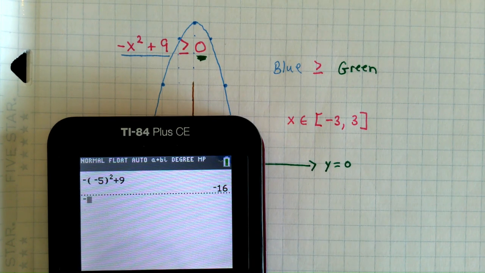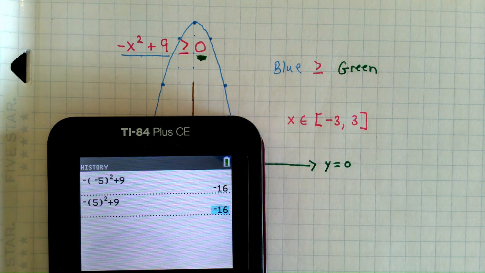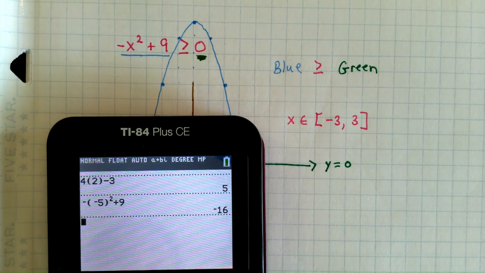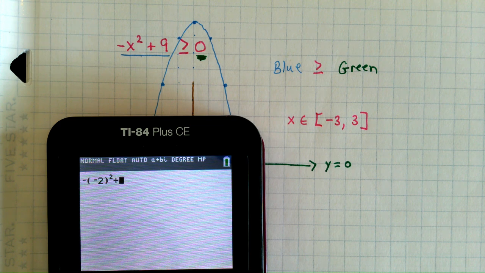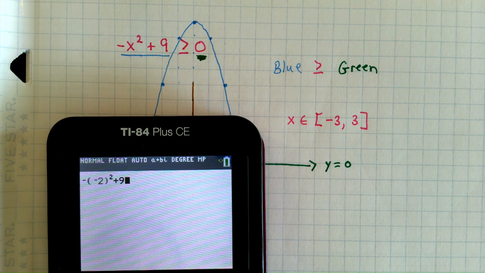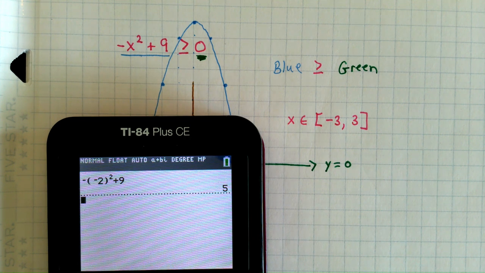What about +5? Not greater than 0 either. Okay, so let's double check something in between. How about -2? That definitely is above 0, so we're good there.